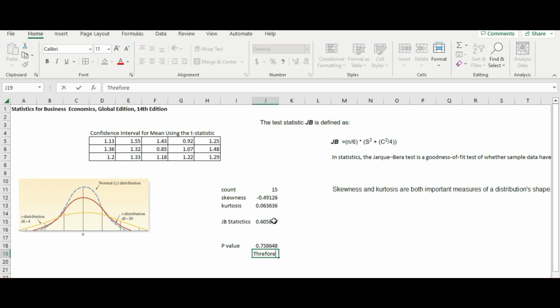Therefore, we will not proceed with computing the confidence interval.